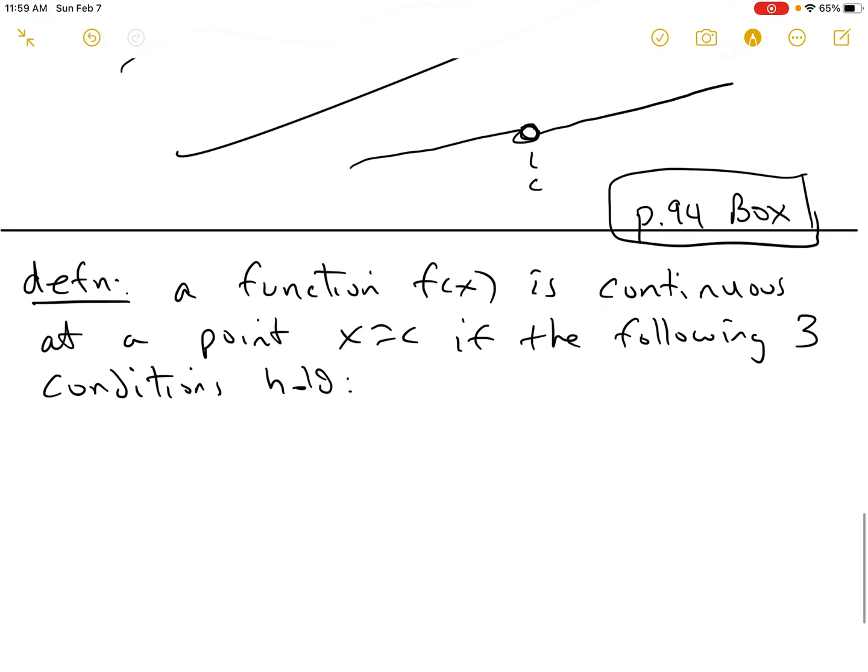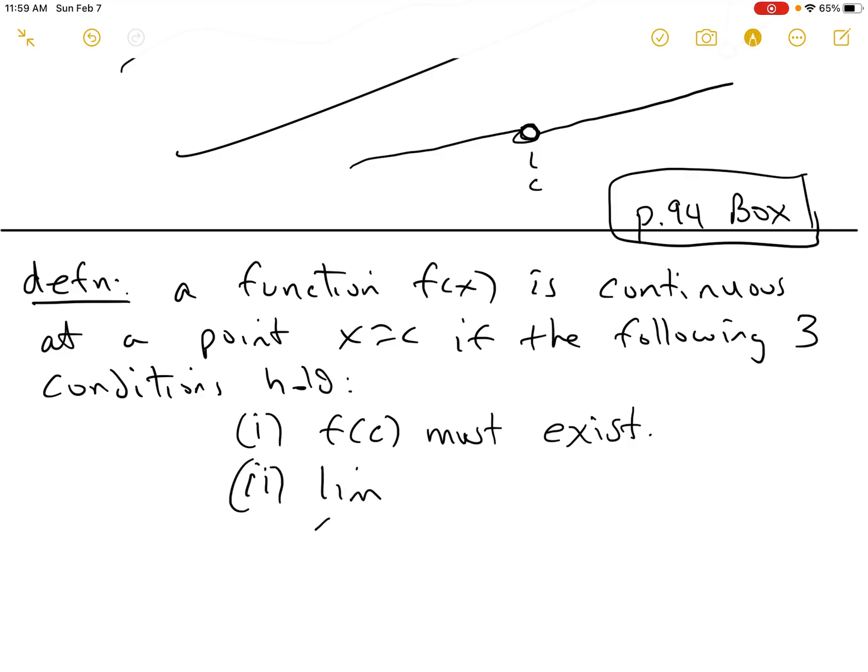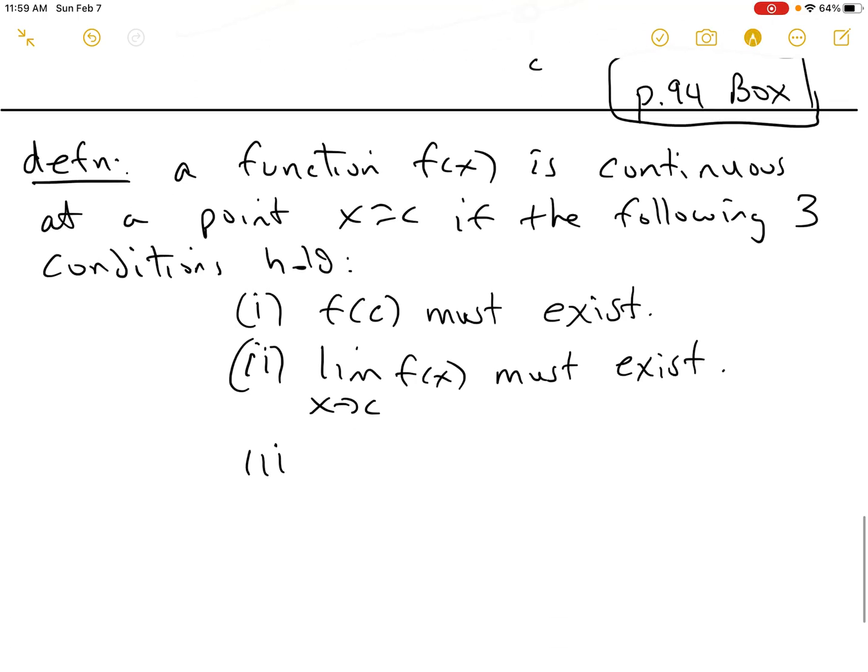Number one, f of c must exist. Can't have a hole there. Number two, the limit as x approaches c of f of x must exist. And number three, number one has to equal number two. In other words, the limit must equal the function value.